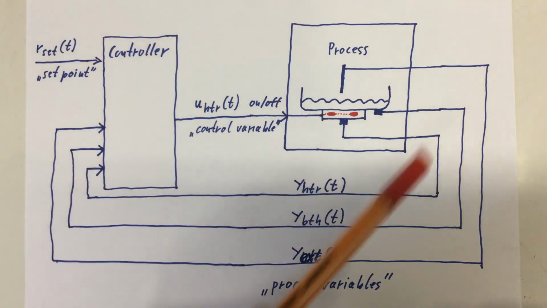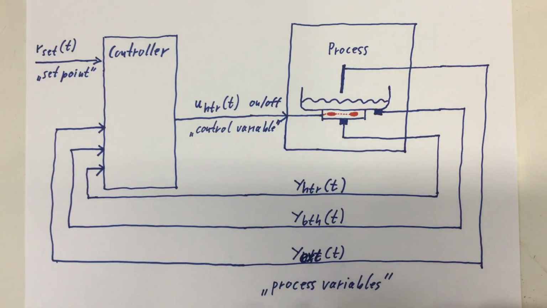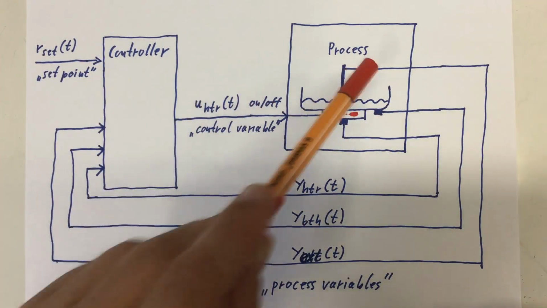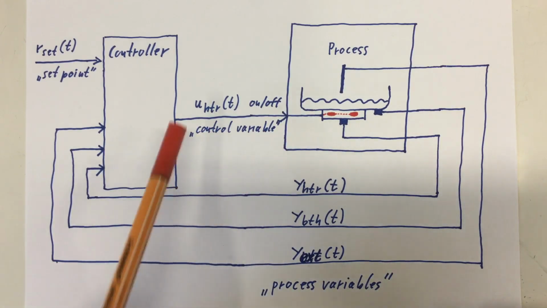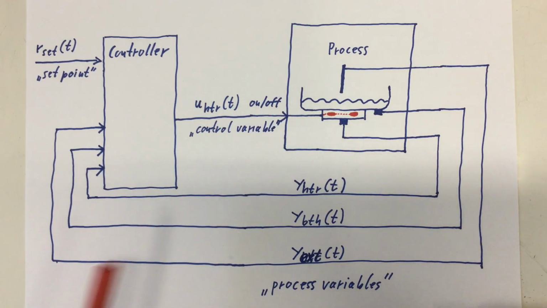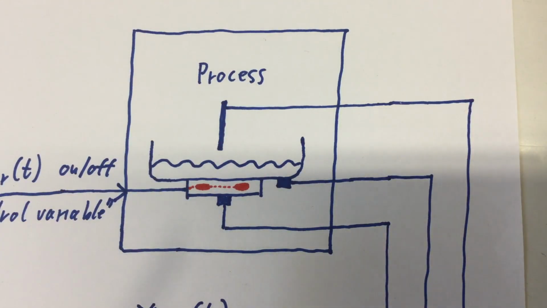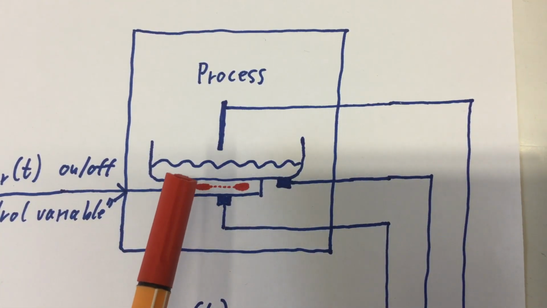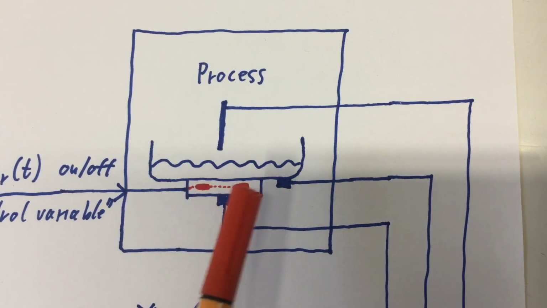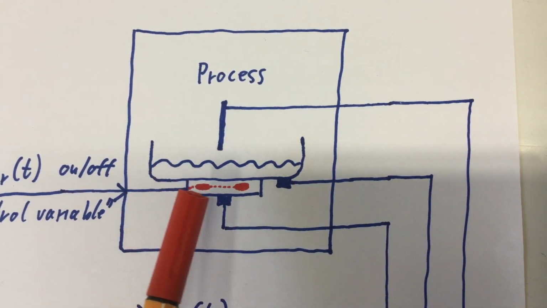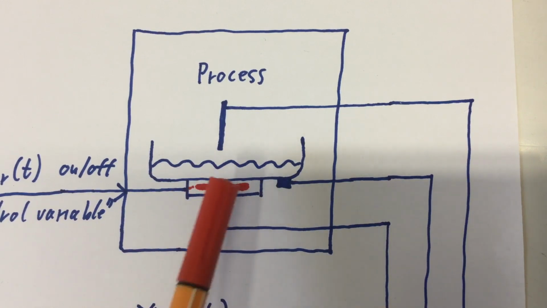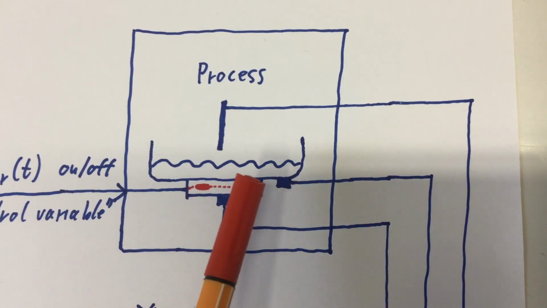To explain that, let's go back for a second to this overview picture from the beginning, where we have our process, and the control variable, heater on off, goes in, and we're currently just using one of the process variables, the heater temperature, coming out. I refined the process picture a little bit because in reality our heating elements are two tiny bundles of wires embedded in a block of aluminium, and that's where we generate the heat.